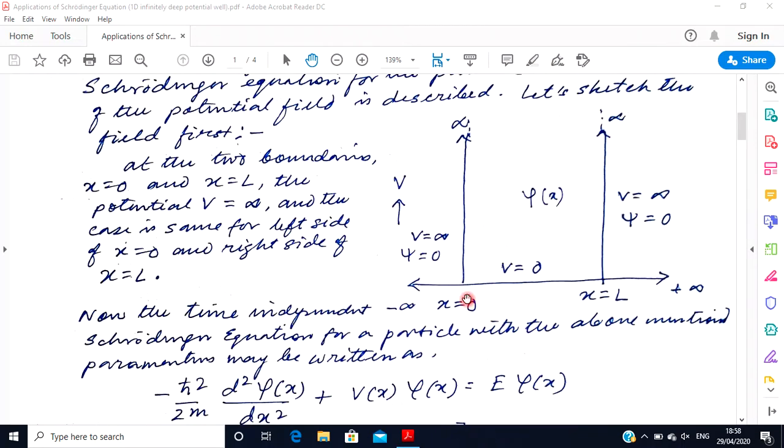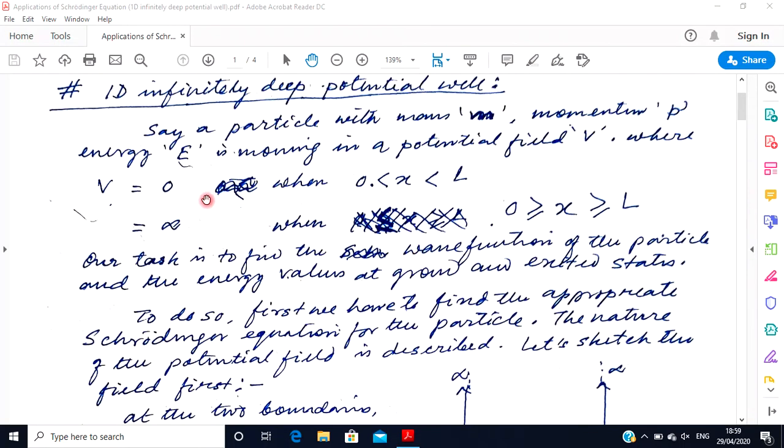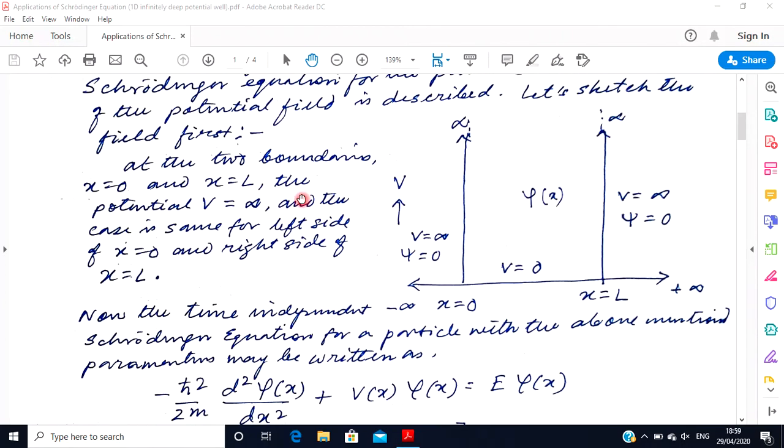That means here this goes to infinity. In the y-axis we have plotted the potential: on the left hand side of 0 and the right hand side of L, V equals infinity, and V equals 0 when x belongs to 0 and L. So between x equals 0 and L, V equals 0.